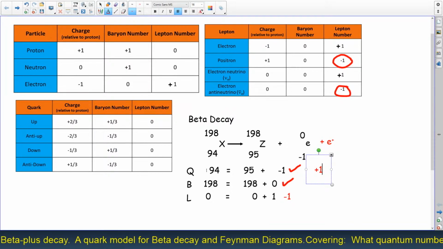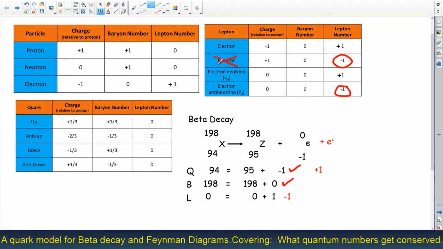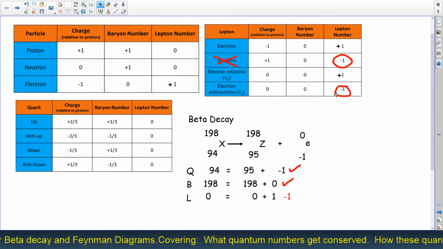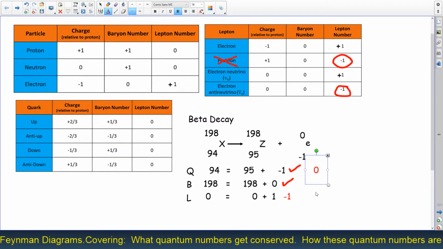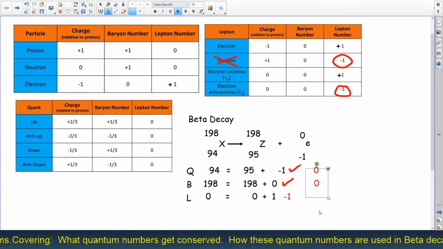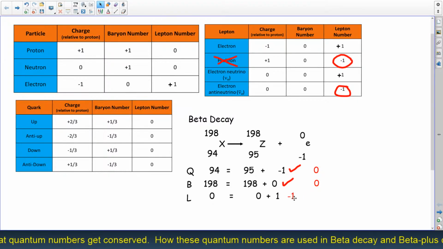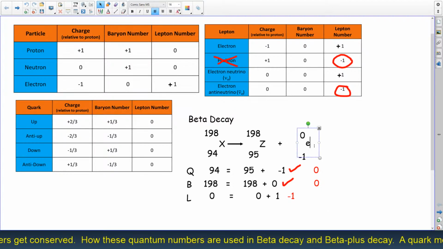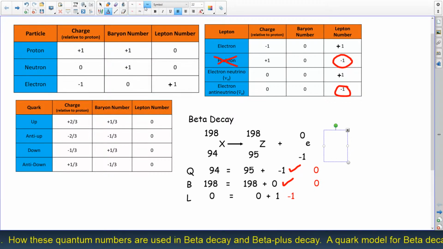I would then break conservation of charge, so I can't use the positron. But I can use the electron anti-neutrino, which has no charge, so I can put a +0 on there, and that doesn't change anything. It is not a baryon, so I can put a +0 on there, and that doesn't change a thing. But it does have a lepton number of -1, which is exactly what I want here. Okay, in which case, I can add on to the end here an electron anti-neutrino.